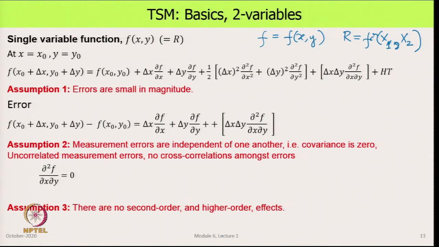That is what is a two variable result, and there would be other constants, we take those for granted. And the point about which we want the uncertainty is the point that we designate as x0, y0.